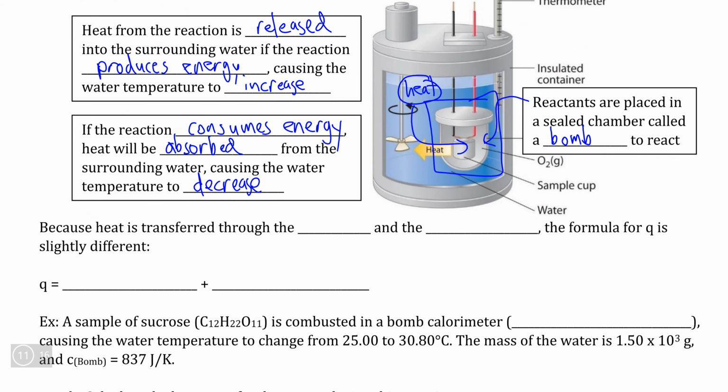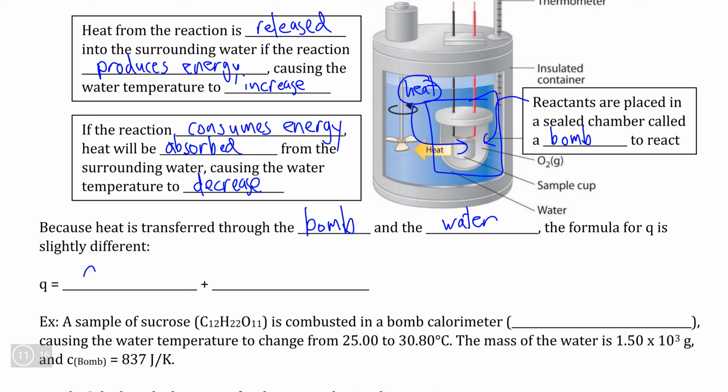Now, if we want to measure the movement of heat, we see that the heat has to cross through the walls of the bomb first before it can enter the surrounding water, which means that our formula for heat transfer needs to reflect that. So we can't just consider the specific heat capacity of the bomb.